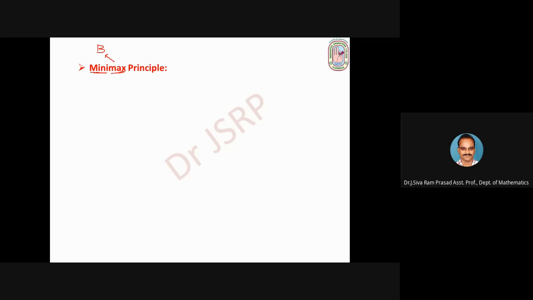That means player B always tries to minimize his maximum losses. Okay, so that is the meaning of this principle. So minimax principle corresponds to player B.